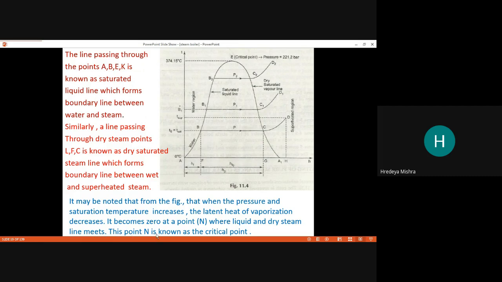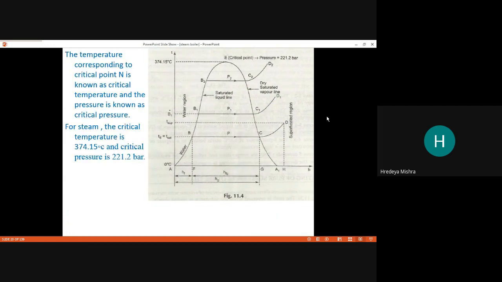The point N is known as the critical point. The temperature corresponding to the critical point is known as the critical temperature, and the pressure as the critical pressure. PC, TC and critical point.